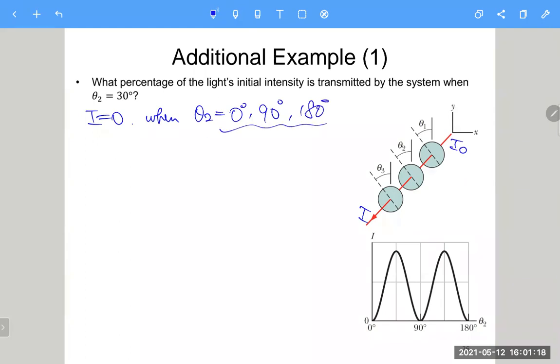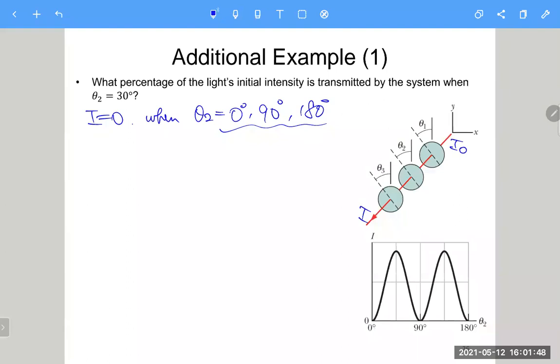So this is pretty much very clear. It means that the angle between theta 1 and theta 2 should be 90 degrees, or the angle between theta 2 and theta 3 should be 90 degrees, plus or minus 90, at least we know.